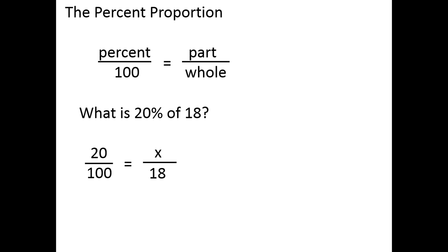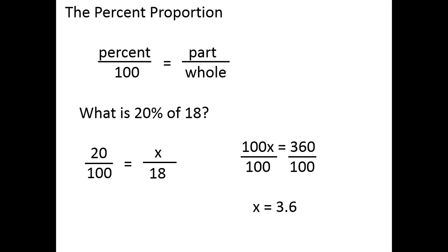So in this case, 18 immediately followed the word of. That means we know 18 is the whole. So what we're looking for is the part. So if we cross multiply and solve, we get x equals 3.6. So that tells us that 20% of 18 is 3.6.